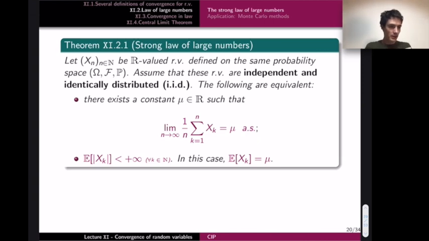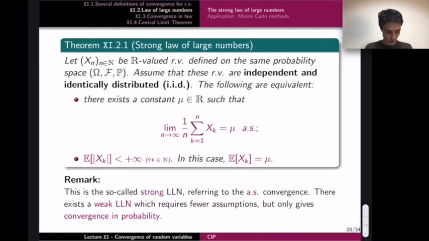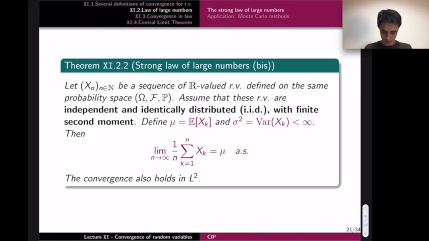There are alternative statements of the law of large numbers. This is what I just said, and here is another one. Sometimes you find it written like this. You still have the IID assumption, and this time you assume that it has finite second moment.